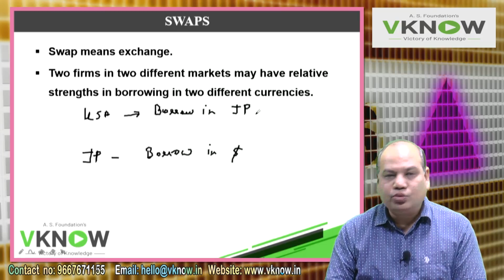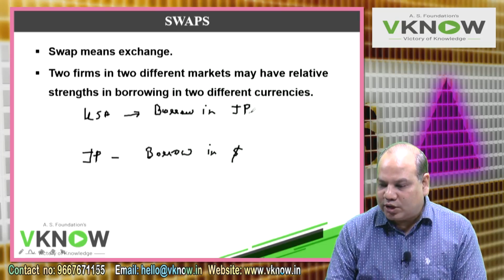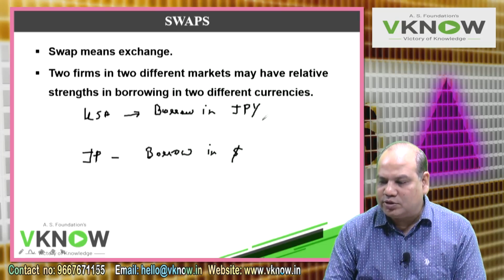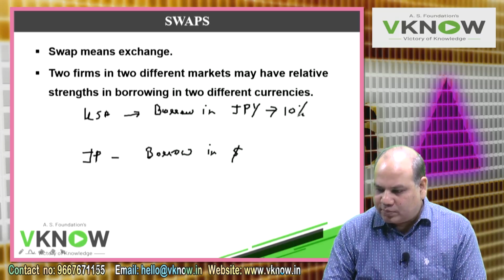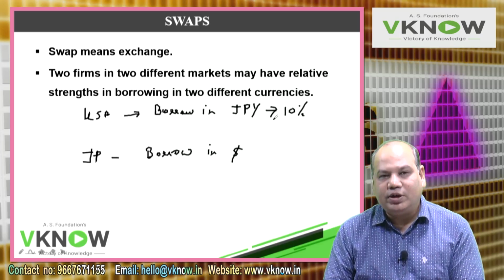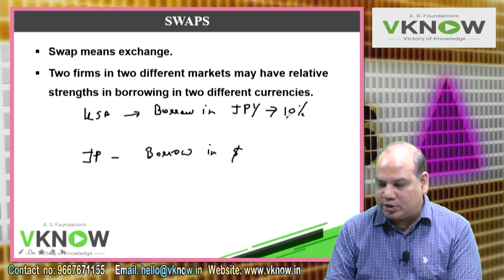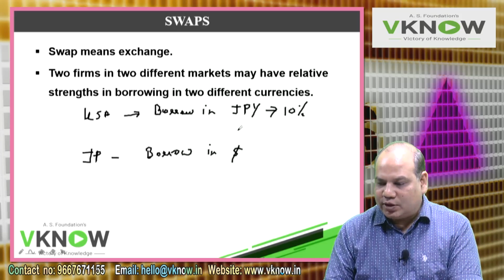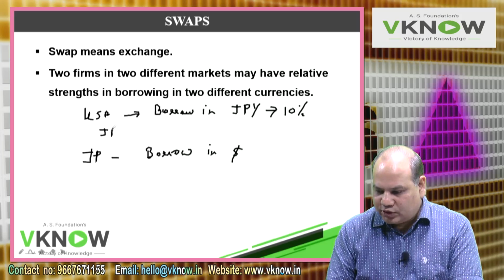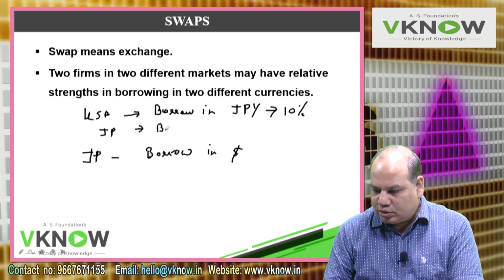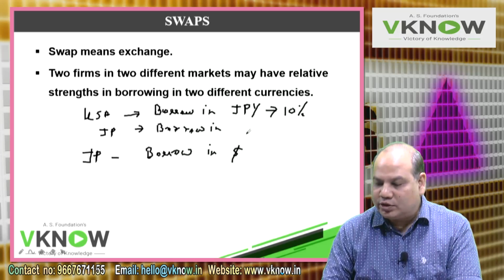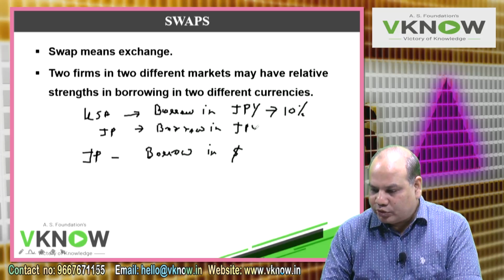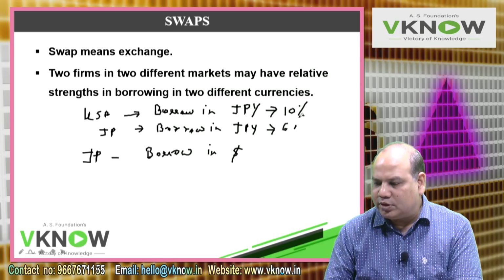If a US company goes to Japan and borrows Japanese yen, JPY is called Japanese yen, then it will have to pay, for example, 10% interest. If your US company directly goes to Japan and borrows, it will have to pay 10% interest. But a Japanese company which is a reputed company in Japan, well known in Japan among the investor community, can borrow in its own country and in its own currency at, for example, 6%.